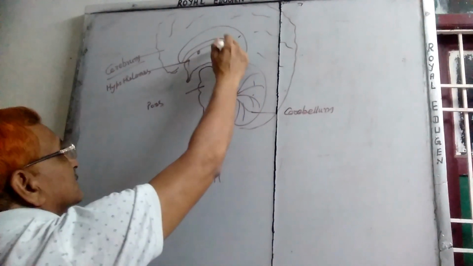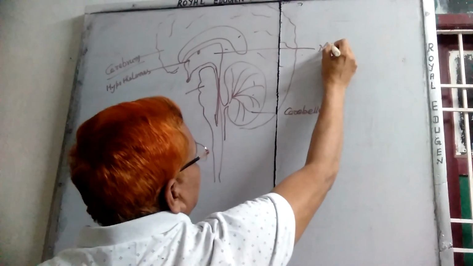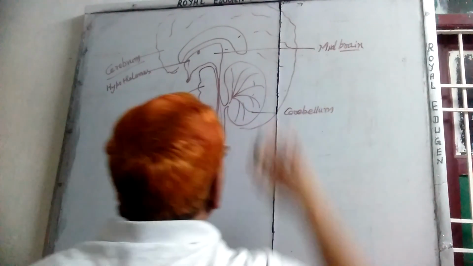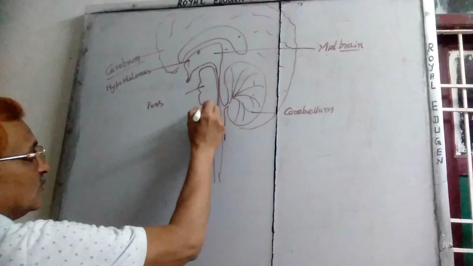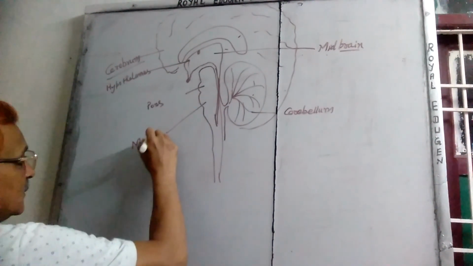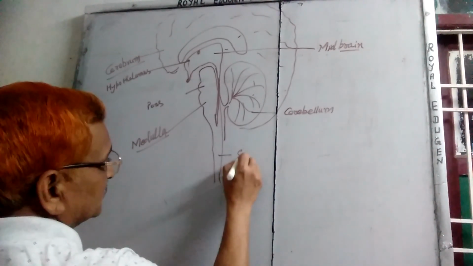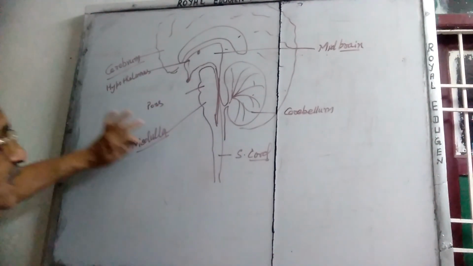You can leave it, but you can say it has a midbrain. In 10th standard you can label it midbrain. And this one is the pons, this one is the medulla oblongata, and this is the spinal cord. So in this way you can easily label the diagram.